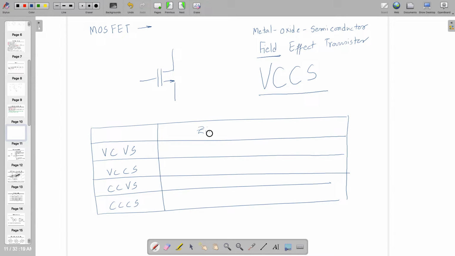The impedances to be seen are input and output impedance. In the case of a voltage controlled voltage source, input impedance is infinity and output impedance is 0. In the case of VCCS, input is infinity and output is infinity. In this case, it is the reverse. This is the standard table.